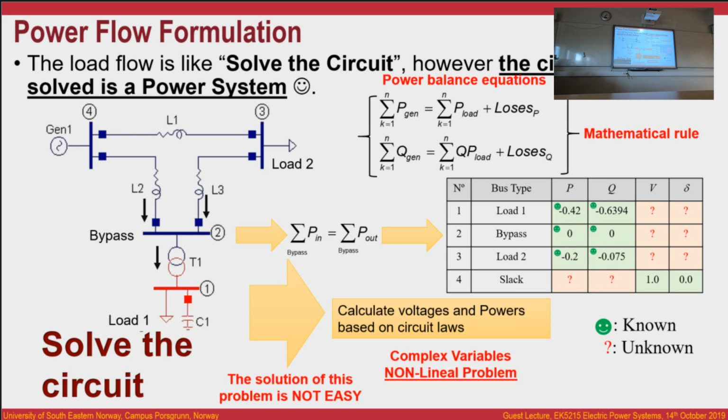Phasors are complex numbers. When you use the complex representation, you are using the module, magnitude, and the angle. Look at here. P and Q. P and Q, you remember, S equals P plus jQ. Are you with me? That means S is a complex number.